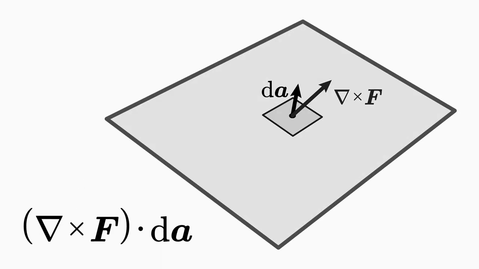Thus, as you already know, only the part of nabla cross F is picked out which runs parallel to the surface element. Since the surface element is orthogonal to the surface A, the scalar product picks out only the part of the vector field nabla cross F which is also orthogonal on the surface A.